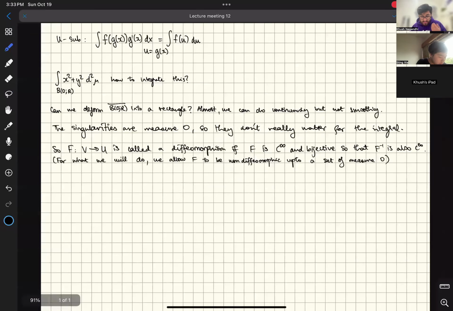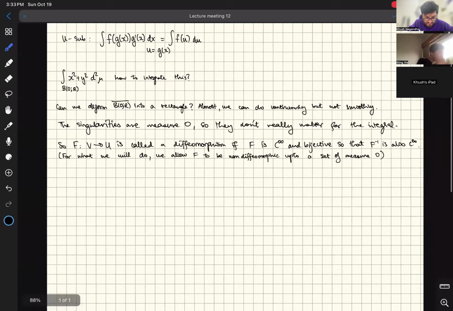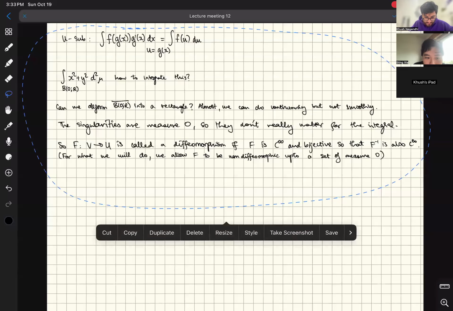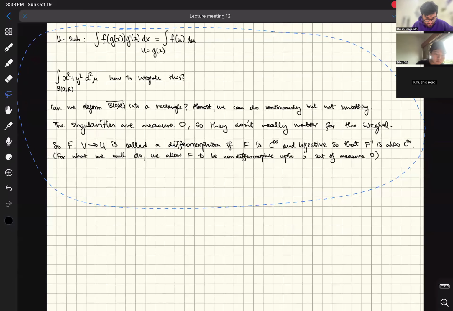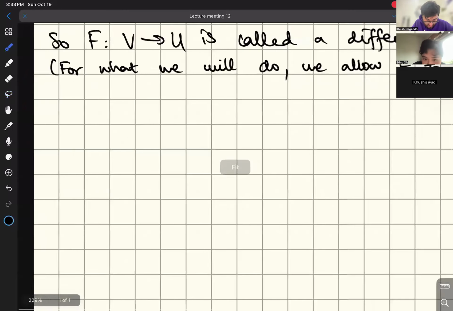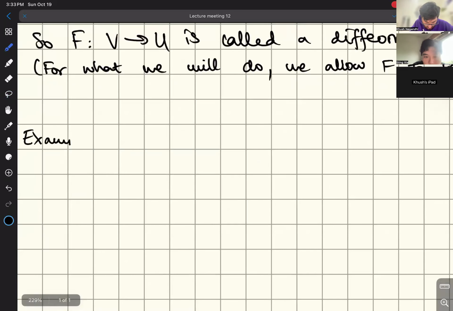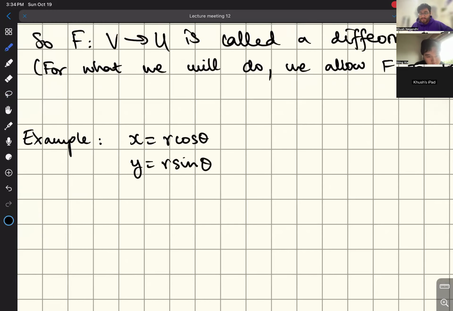So let's look at polar coordinates. In polar coordinates, x equals r cosine theta, y equals r sine theta, right?